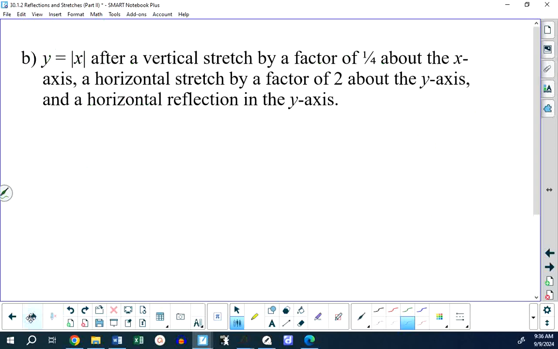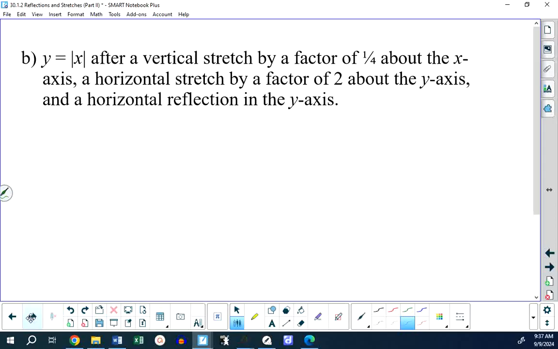I think we have one last example here, correct? Fairly straightforward. Y equals the absolute value of x, which means f of x is the absolute value of x. It's stretched vertically by a factor of 1/4. There's a horizontal stretch by a factor of 2. There's a horizontal reflection.